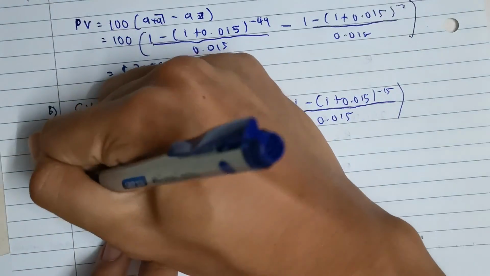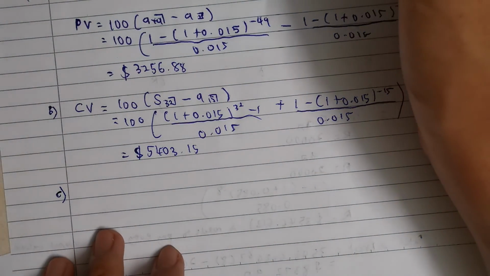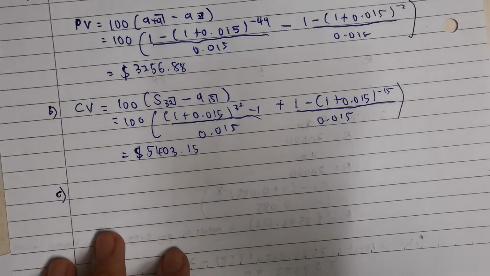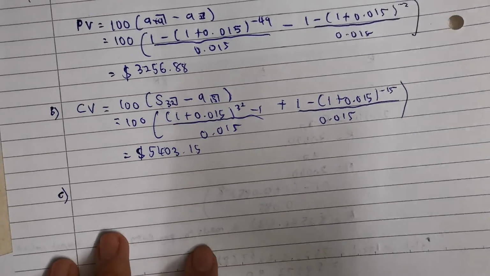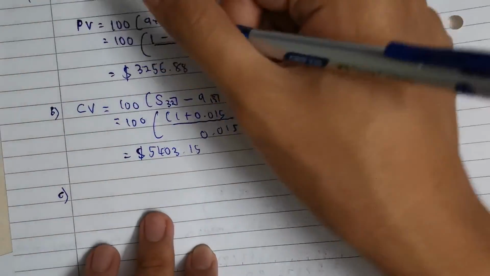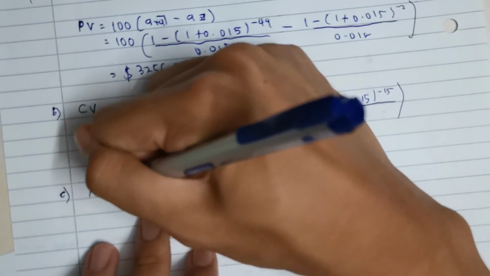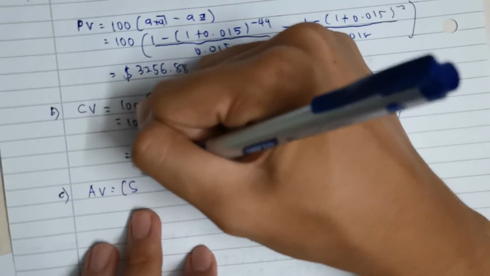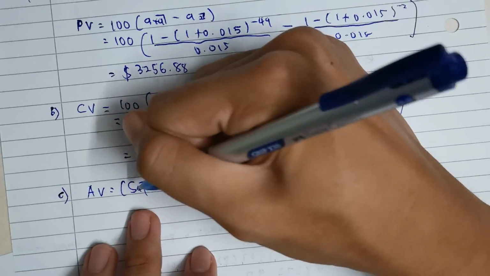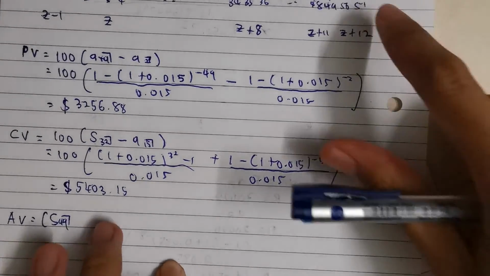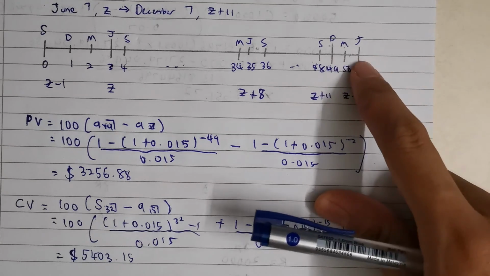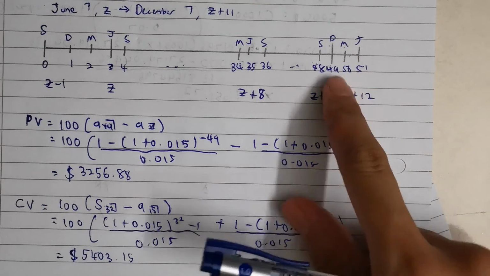So next is C. C asks for the accumulated value on June 7, Z plus 12. As we know, the payment is only made until December 7, year Z plus 11, right? So for AB, we will search throughout the timeline. So 49. Yes, June 7, Z plus 12 is at 51, but we only have payments until 49.